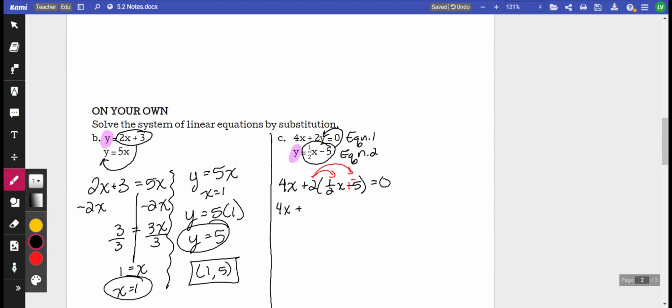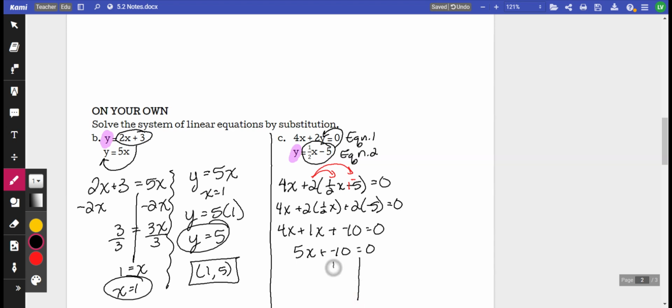So that becomes 4x plus 2 times 1/2 x plus 2 times negative 5, and that equals 0. So 4x plus 1x plus negative 10 equals 0. 5x plus negative 10 equals 0. I'm going to extend my equal sign. I'm going to add 10 to both sides. 5x equals 10. Divide both sides by 5, and I get x equals 2.